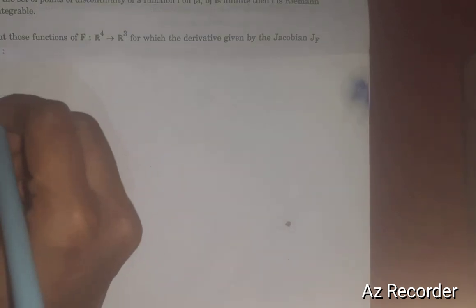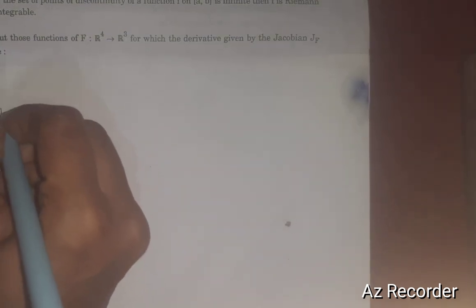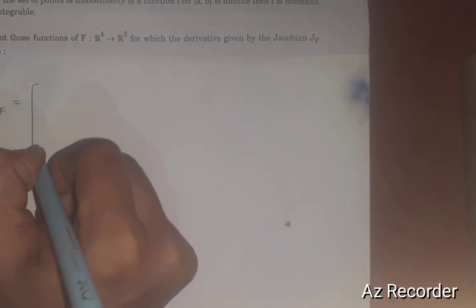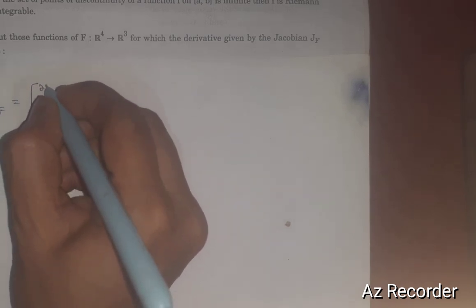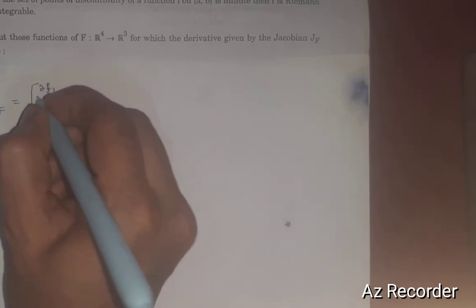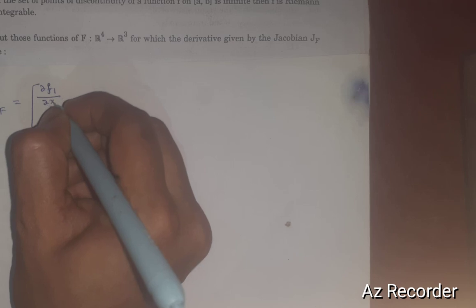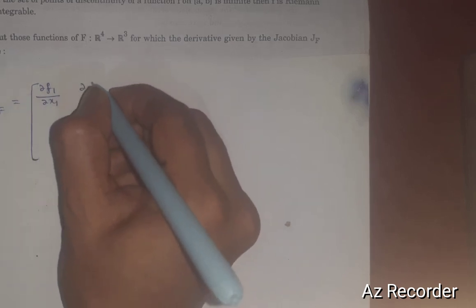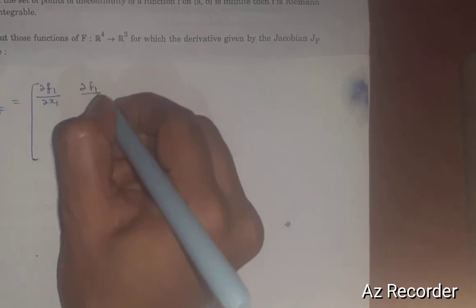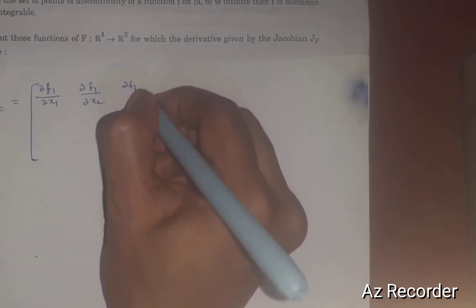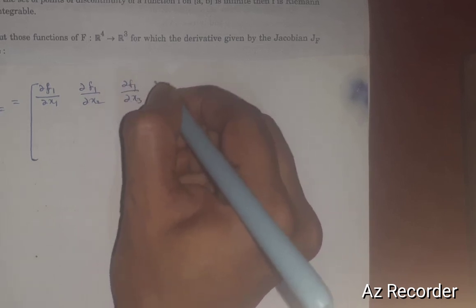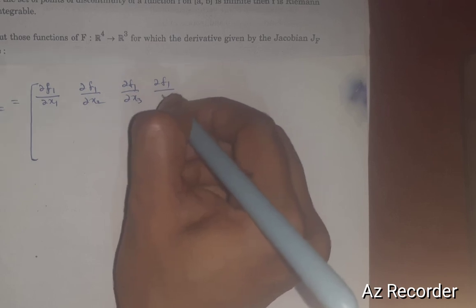So JF is given by the formula here: partial derivative of the function f1 with respect to x1, partial derivative of f1 with respect to x2, partial derivative of f1 with respect to x3, partial derivative of f1 with respect to x4.